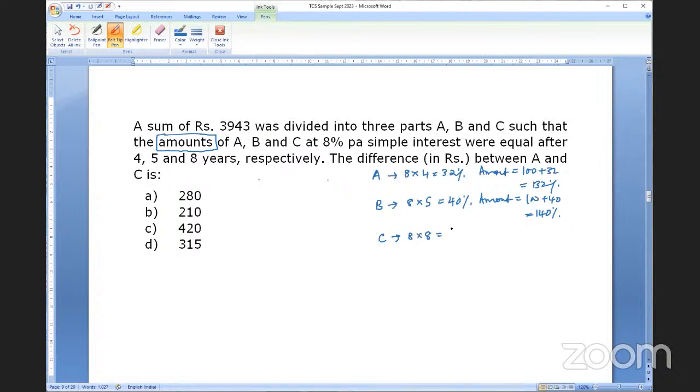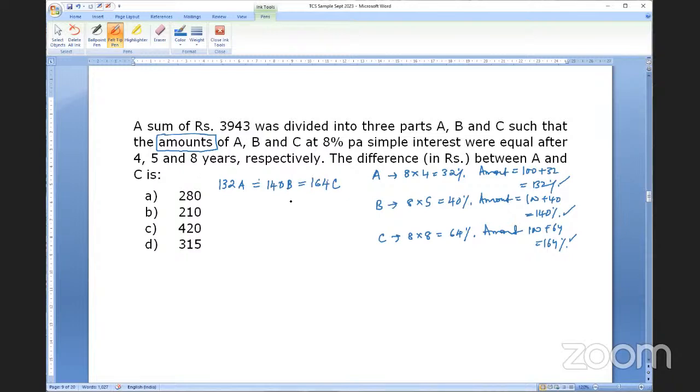So gain here would be 64%, and hence amount will become 100 plus 64, that is 164%. Now, if we remove this percentage sign, then what we'll get, 132A is same as 140B is same as 164C.